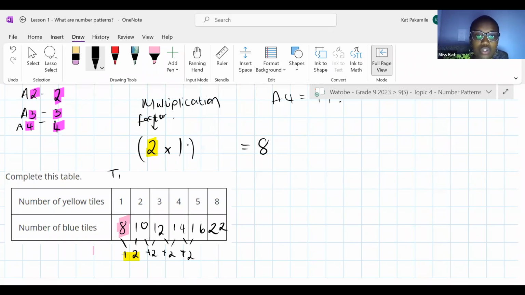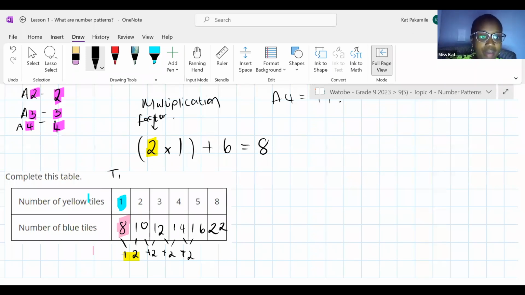If 2 times 1 is 2, yes, Tammy, but we are explaining how we get there. 2 times 1 is 2. What do we need to do? There we go. We would have to add 6. So you say 2 times 1, which is the position, the first one, or the one that represents the yellow tiles. And then you add 6 to get to your 8.